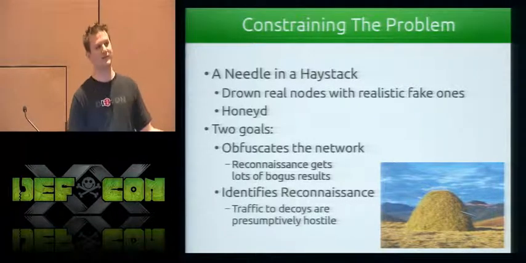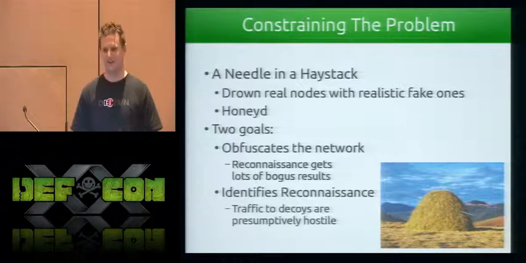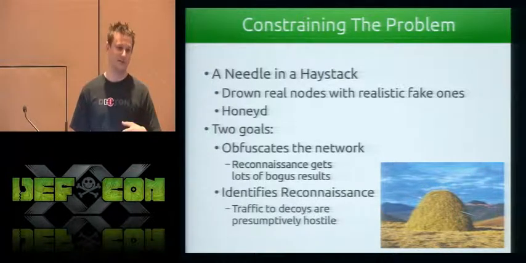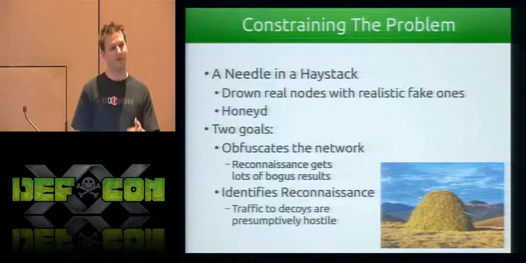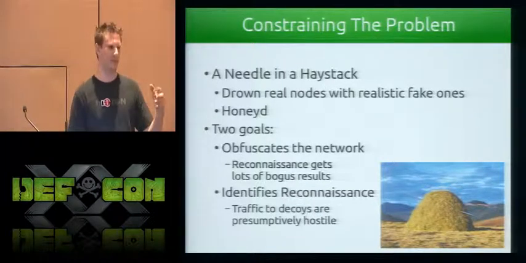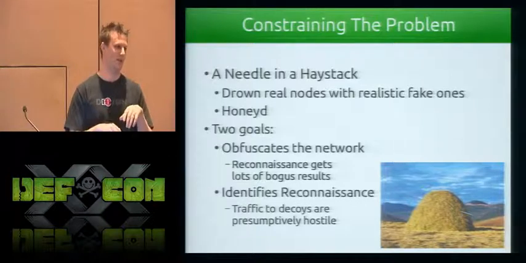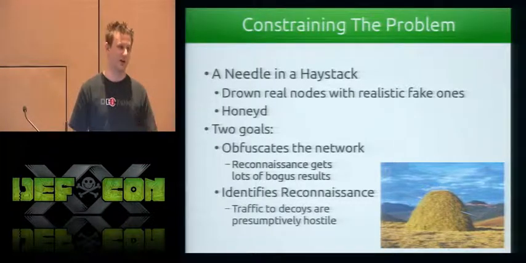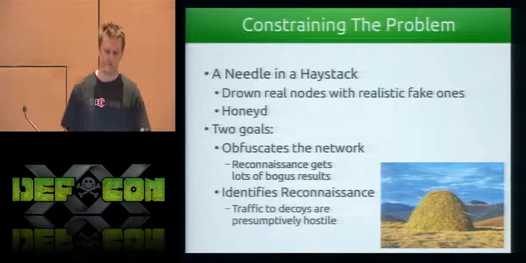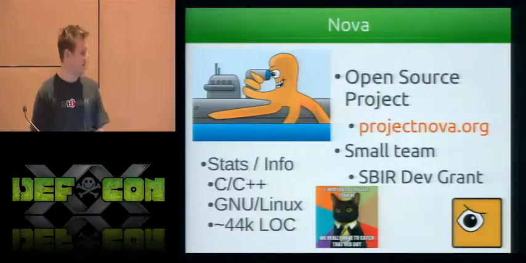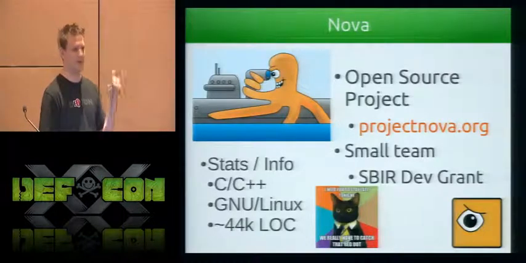Why did you send one SYN packet to all the decoys? So not only does this give us a leg up in discovering reconnaissance, but there's a certain telltale, I don't want to say signature, but overall traffic pattern to reconnaissance that's really hard to get away from, or perhaps impossible.